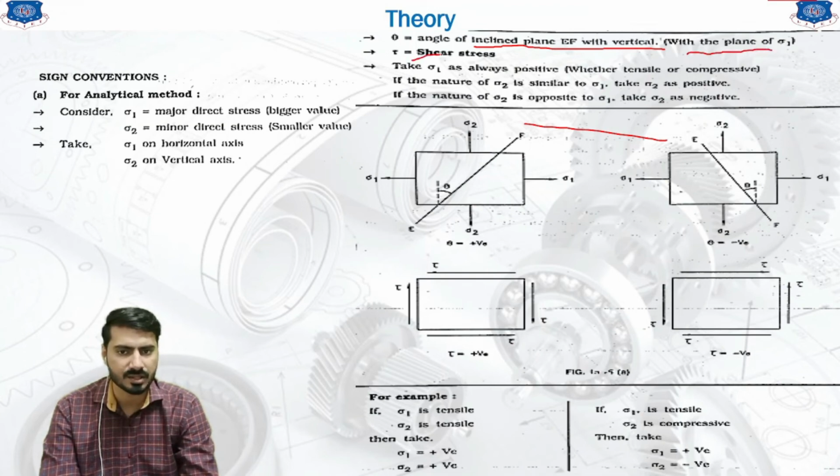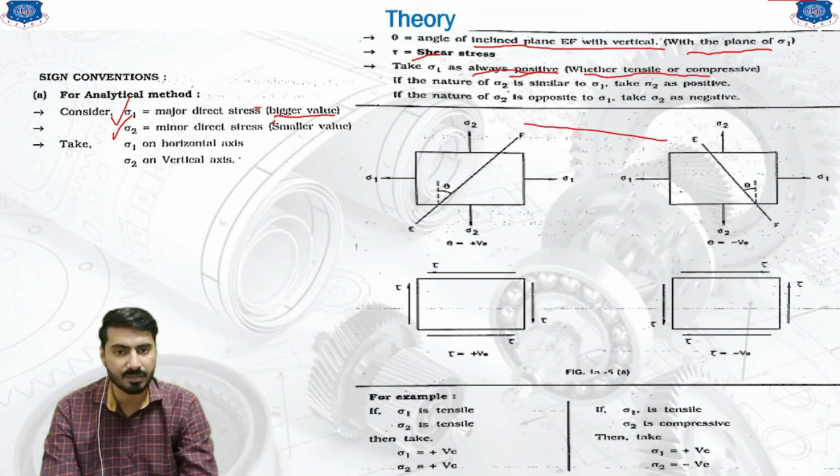Tau is the shear stress. Take sigma 1 as always positive. Which one will be considered as sigma 1? The value which is bigger. The bigger value is always considered as sigma 1 and the smaller value is considered as sigma 2. So we will consider sigma 1 always positive, whether it is tensile or compressive. Keep this in your mind.